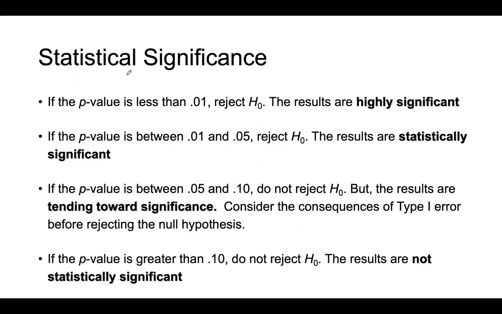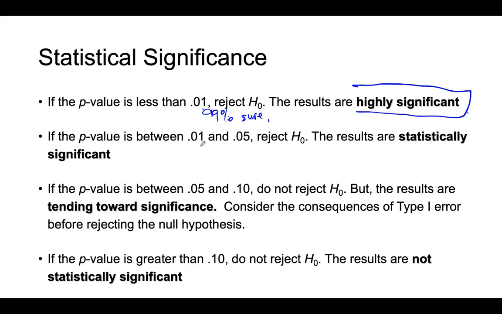So the statistical significance. What does it really mean? If the p-value is less than 0.01, we reject the null hypothesis because there's evidence in favor of the alternative and the results are highly significant. That is great when they're highly significant. If the p-value is between 0.01 and 0.05, so this means you're 99% sure, basically.